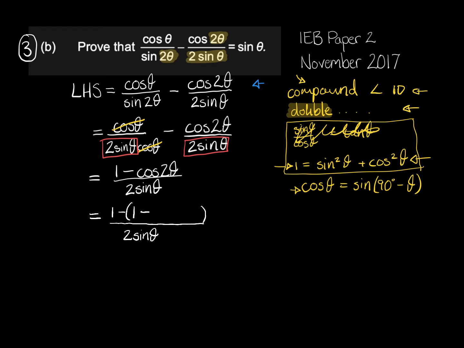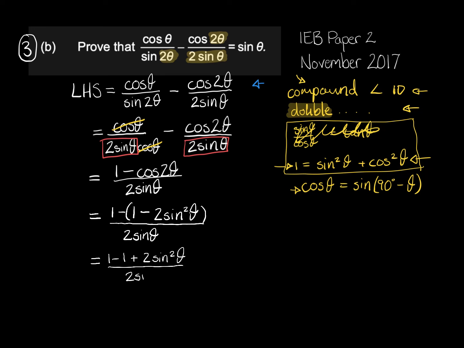I am trying to get to a point where I've just got sine theta, and that's why I've chosen this version of that same identity. And you'll see magic now. Of course, I'm going to be multiplying out the brackets, so it's 1 minus, and then it's plus 2 sine squared theta. I don't necessarily have to show this step.